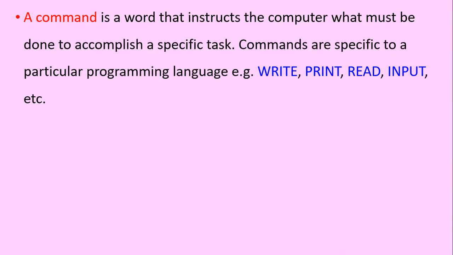A command, on the other hand, is a word that instructs the computer what must be done in order to accomplish a specific task. Commands are specific to a particular programming language, for example, Pascal, and such commands would include write, print, read, input, amongst others.